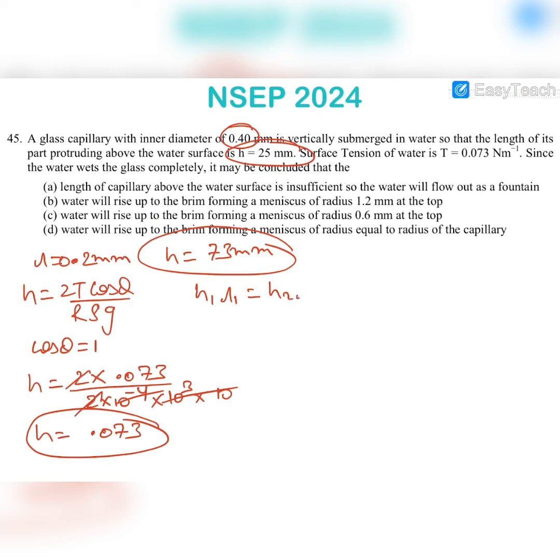is equal to H2 R2, where H is the height of liquid column above the water surface and R is the radius of meniscus at the top.